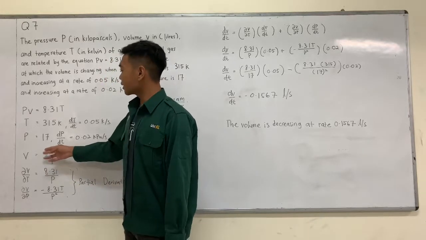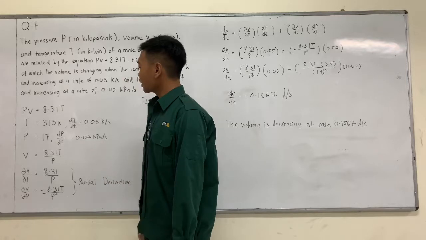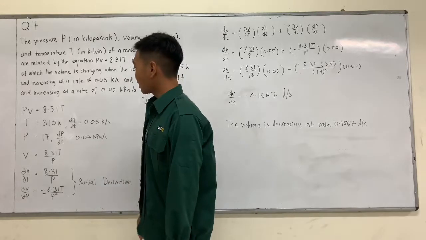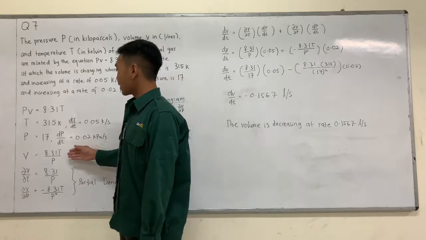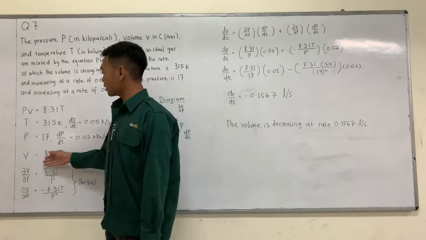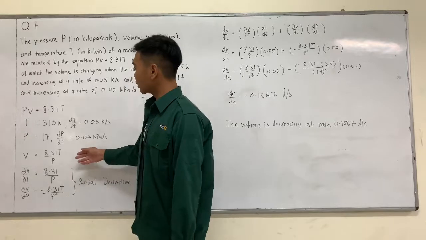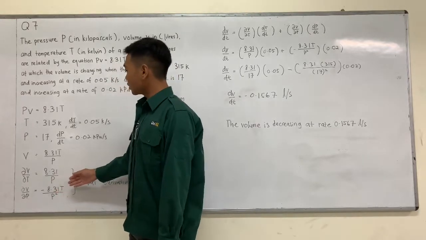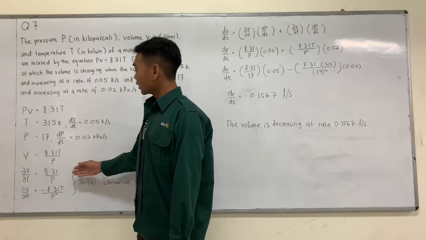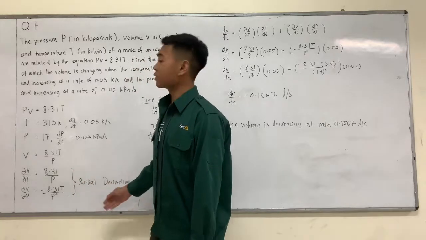So we get V is equal to 8.31 T over P, and we find the first partial derivatives. The ∂V over ∂T is equal to 8.31 over P, and ∂V over ∂P is equal to negative 8.31 T over P squared.